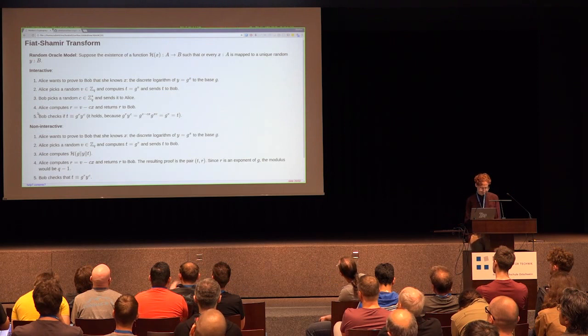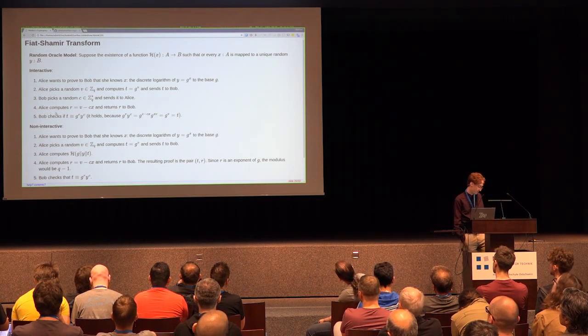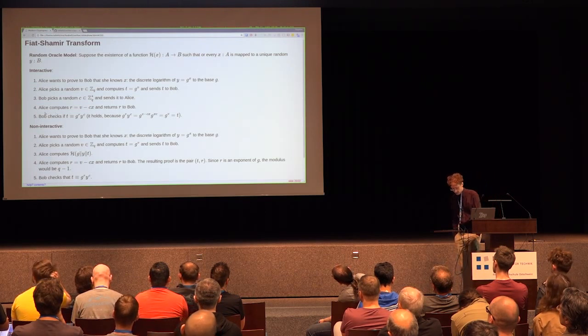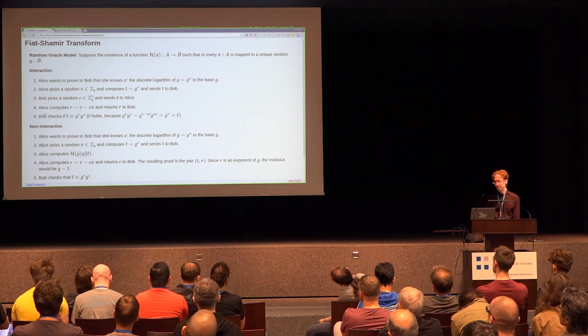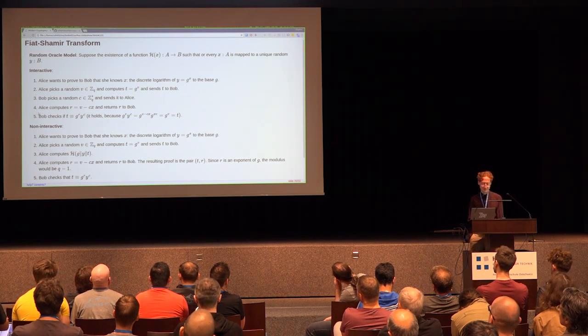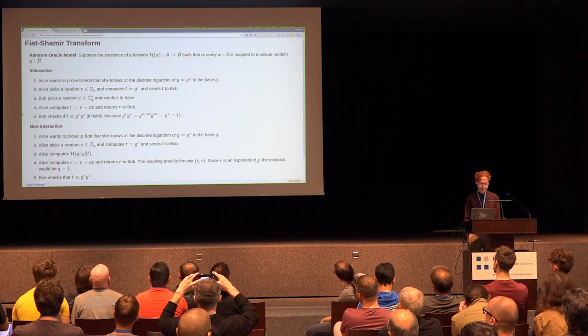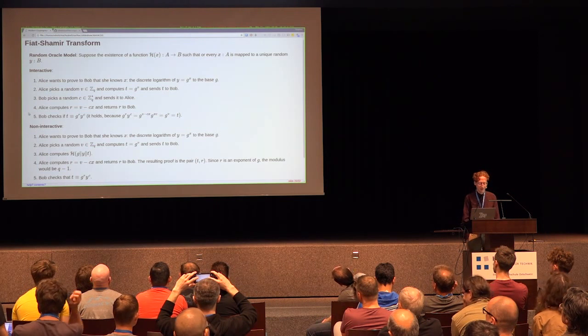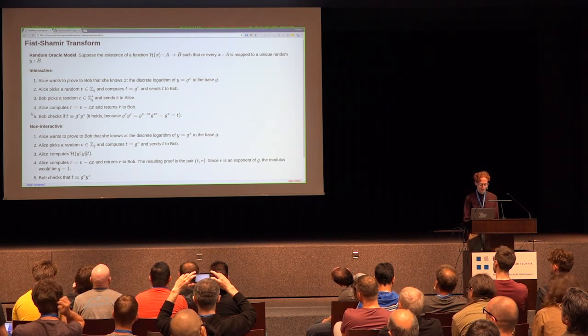So there's a well-known transformation called the Fiat-Shamir transformation, which takes an interactive zero-knowledge proof and transforms it into a non-interactive zero-knowledge proof. Basically, by computing, instead of working with the field elements themselves, we work with the hash of the elements.